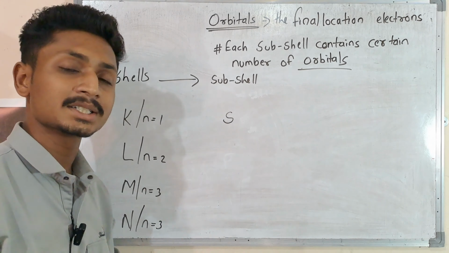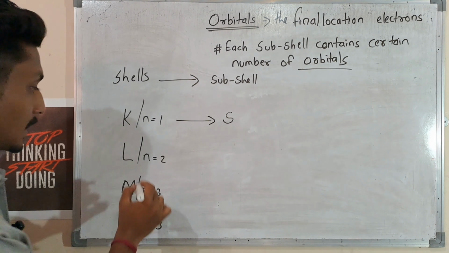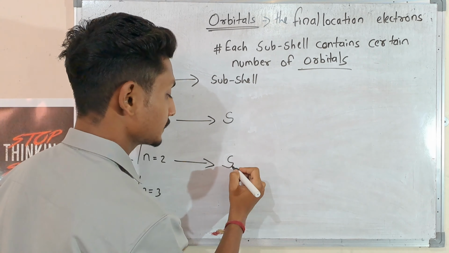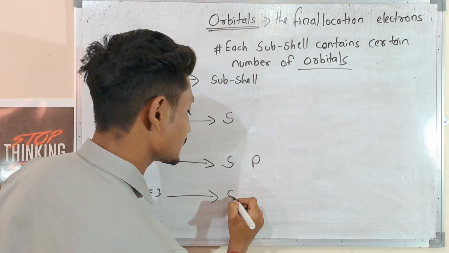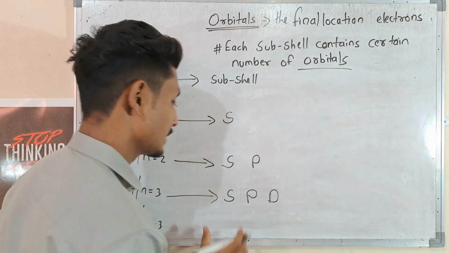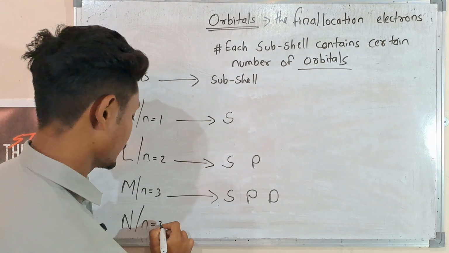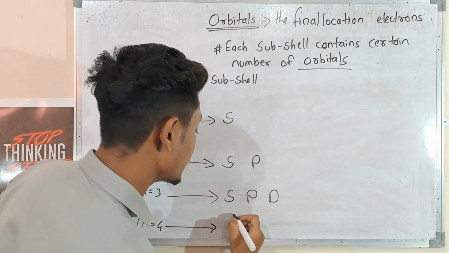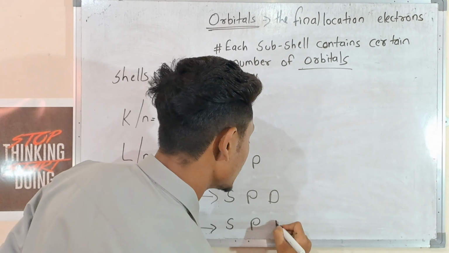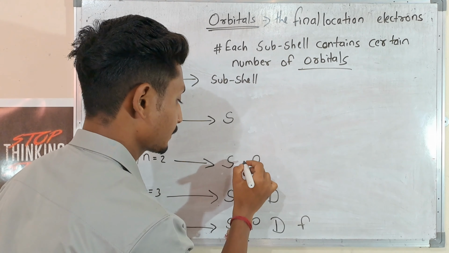The first energy level contains only one subshell. The second energy level, meaning the second shell L, contains two subshells S and P, and the third contains S, P, D. The third shell contains three subshells, and the fourth shell contains S, P, D and F subshells.